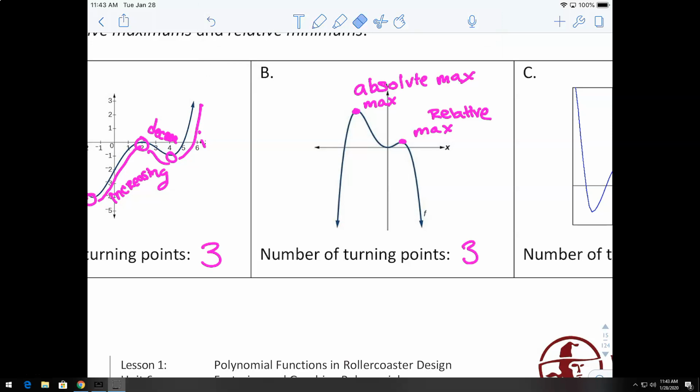Something that is interesting here is that this point we would also call a relative minimum. It's the only place where I hit a bottom and go back up, but compared to my endpoints, it is not the lowest thing on my graph. I can't call it an absolute. It is a relative minimum.